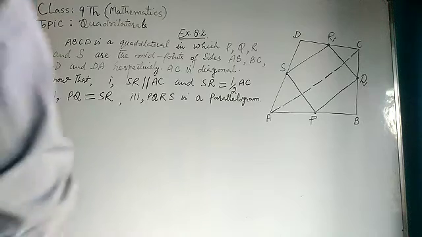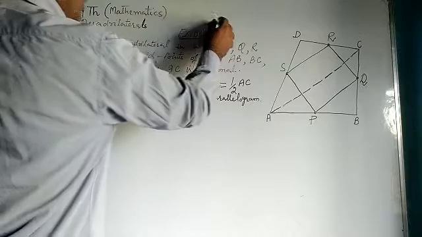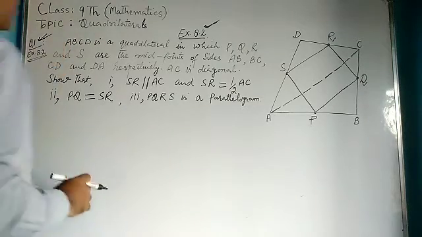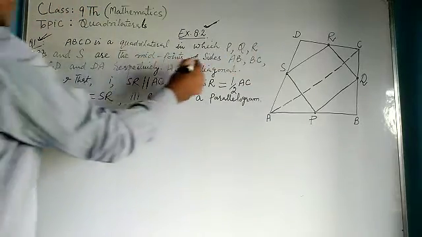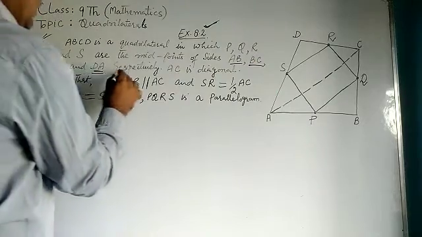Dear 9th class students, today we solve question number 1 from exercise 8.2, and this question is related to the midpoint theorem which we have already proved. Now the question is: ABCD is a quadrilateral in which P, Q, R and S are the midpoints of sides AB, BC, CD and DA respectively.